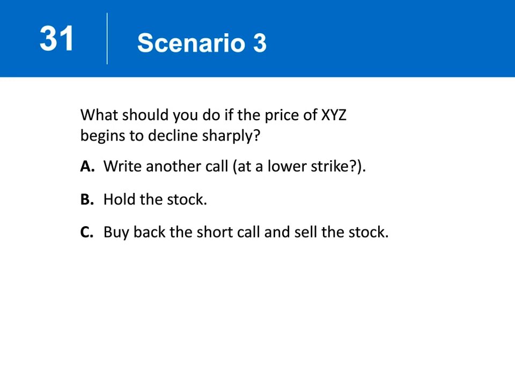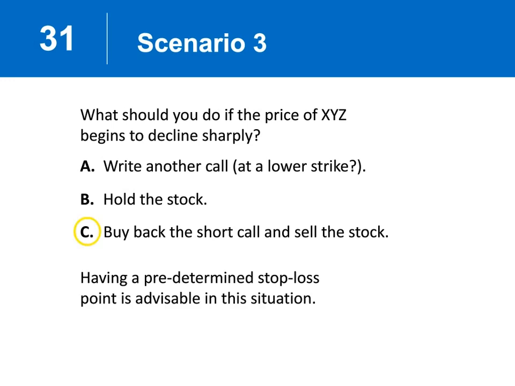Those are certainly not wrong answers, but you are always well advised to have a predetermined stop loss, know what your maximum loss can be, what your risk threshold is, and then have the discipline to get out of that trade. So it's not an easy trade to make, that exiting for a loss trade, but sometimes you have to. When you've reached your breaking point and you can't afford to lose more, that's a point in time where you might consider doing this.